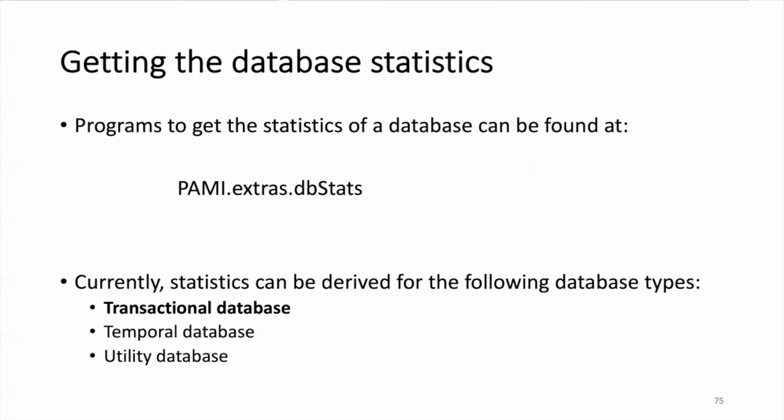So we have to import this program to get the statistics of a transactional database, temporal database, and a utility database. So this is the library that we have to use. So let us look at the live demo in which we show how to print the statistics of a database.